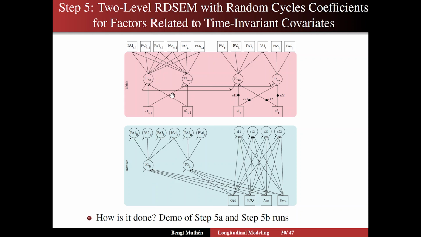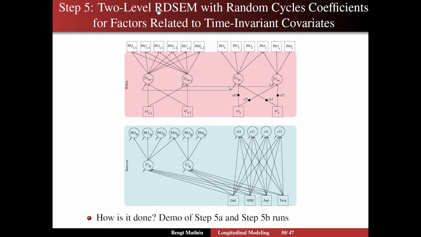On the within level, we call it DSEM because we are looking at the residual relationship between the factors. F1 has a residual relationship to F1 at the previous time point, same for F2. So there's no relationship between F1 for time point t and F1 for time point t minus 1, but it's for the residual. So it becomes a residualized relationship, so hence the R there.